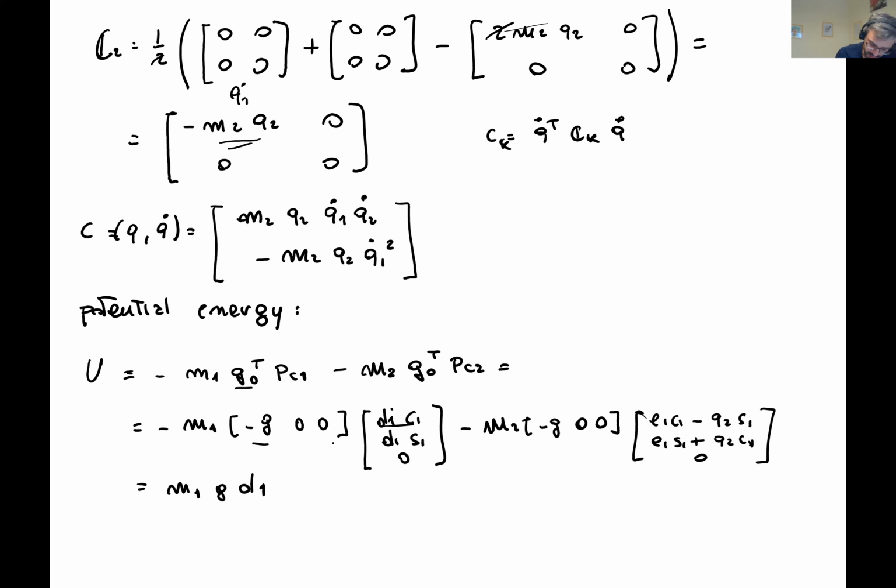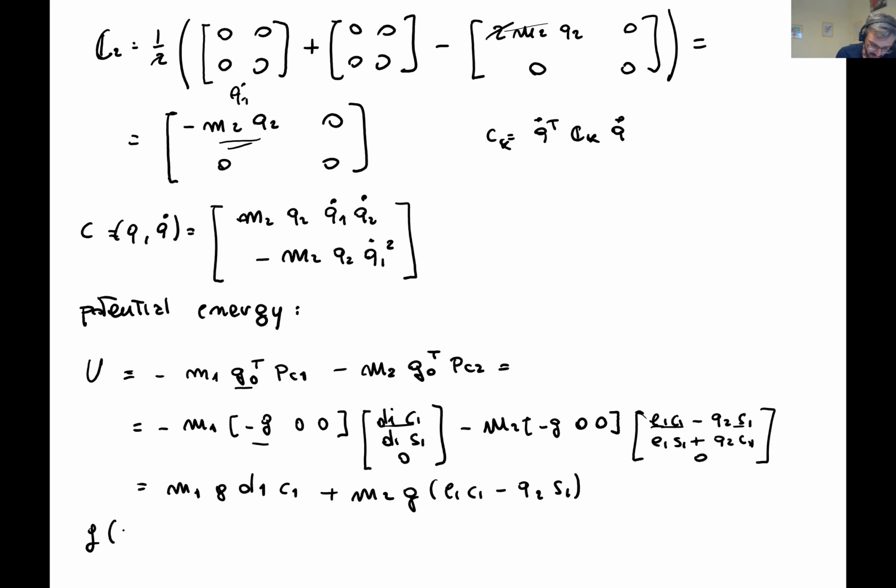We take only the terms that are non-zero, C1, plus M2 G. Again, we take only the first one, L1 C1 minus Q2 S1.